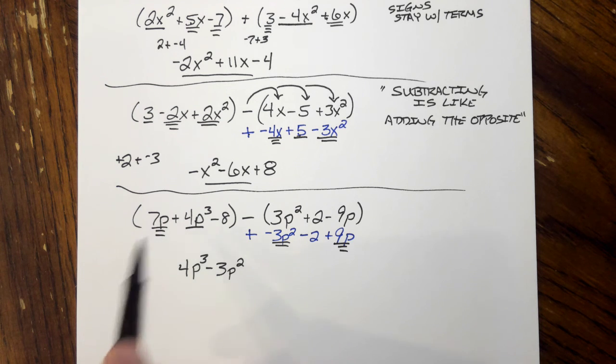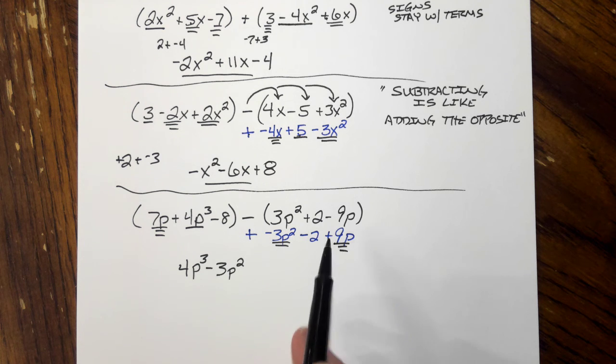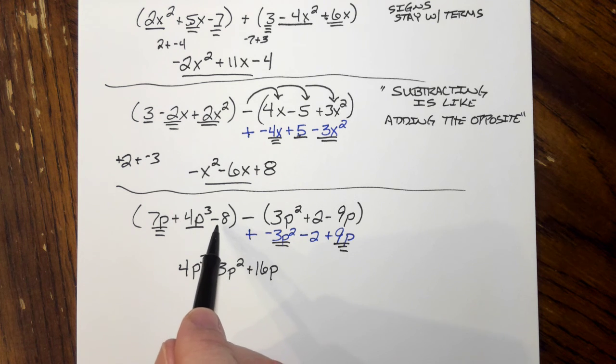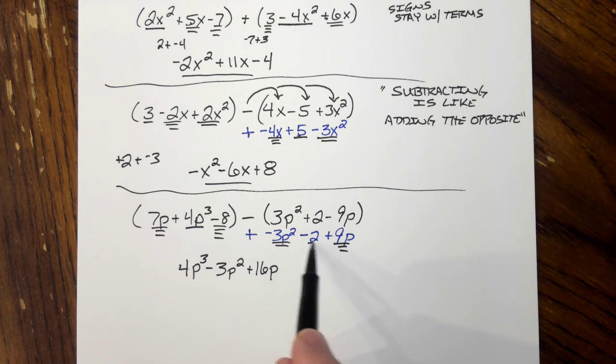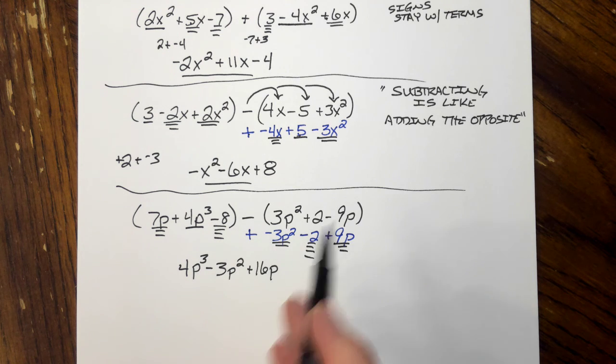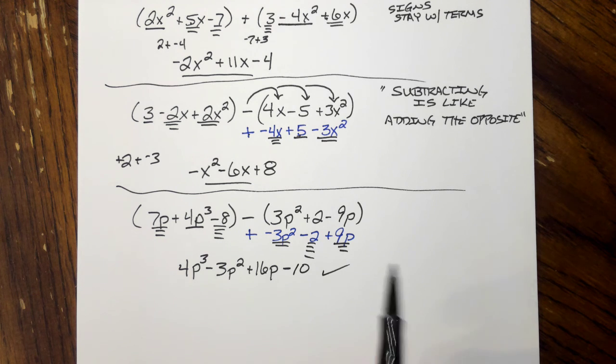Here's to the first power. So now I've got some like terms to combine. 7 plus 9 plus 16p. And now I look, are there any constants? Here's one. And there's one. Negative 8 plus negative 2, negative 10. There's our answer.